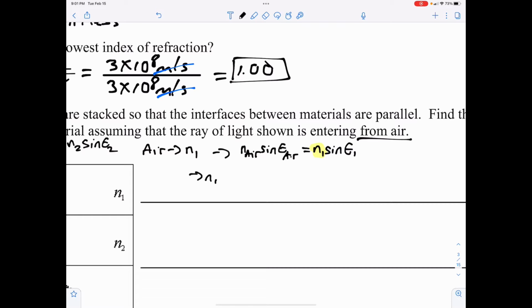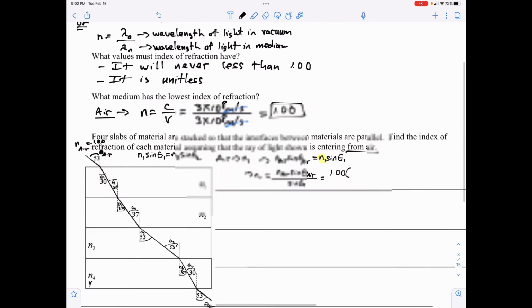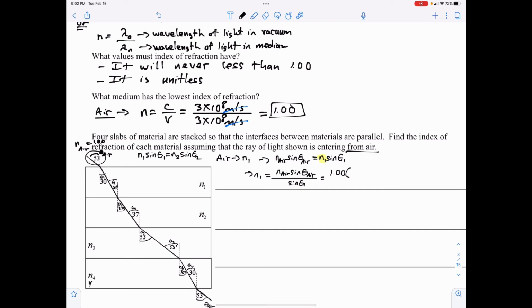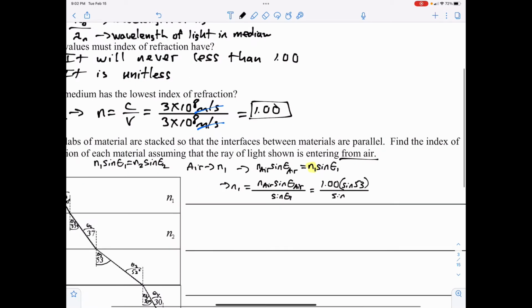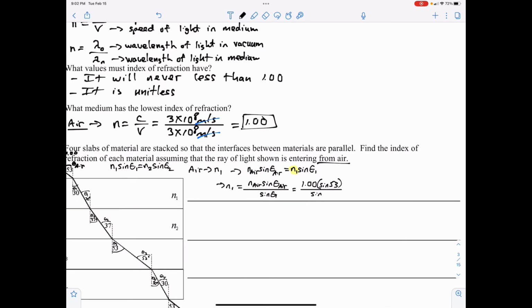So you'd get N1 is equal to N air sine theta air over sine theta 1. Plugging in, we have 1 is N air times, now if we look back at the angles, theta air is 53 degrees. So sine of 53 over the sine of 30 degrees.